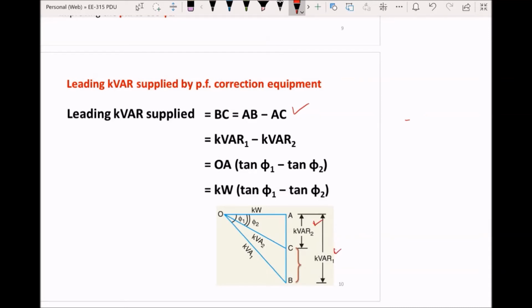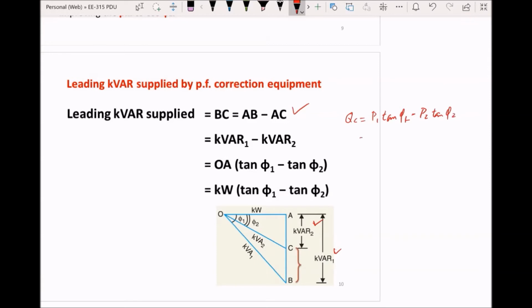And again, as discussed in the case of static power capacitor, which was being connected in a single phase, we will derive the same expression again, but with the help of the power triangle, which is given here. So the expression which we derived earlier was QC equal to P1 tan of phi 1 minus P2 tan of phi 2.